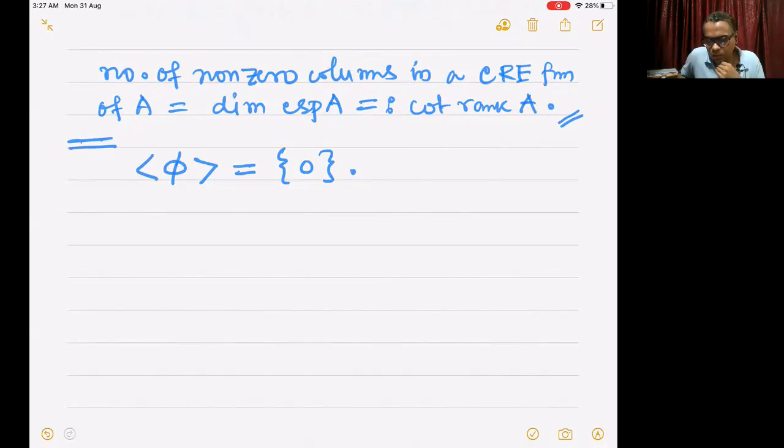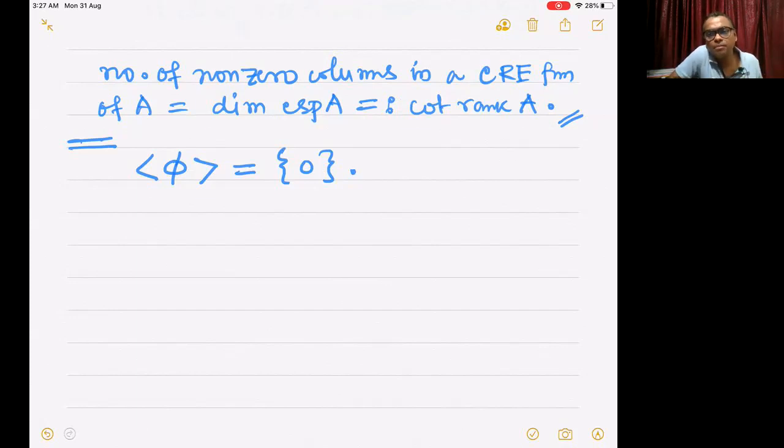Now, if it is linearly independent, why should its span be the zero space? Well, once again, go back to that earlier definition. You may be asking that span is easy to understand, so why did we have to go to this weird definition of span as the smallest subspace that contains the given set? So here the given set is empty.